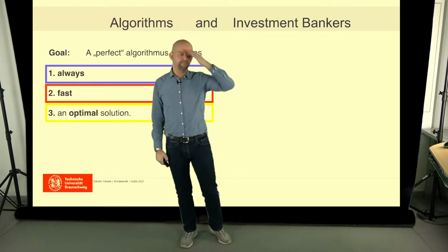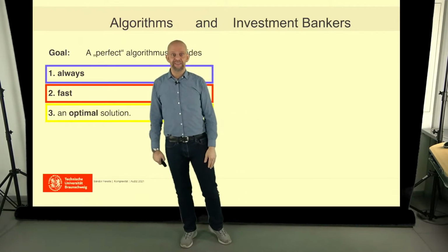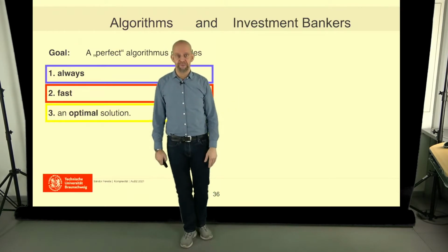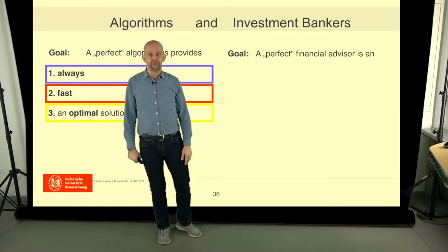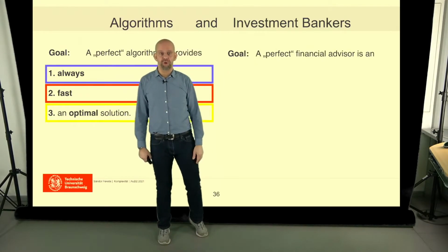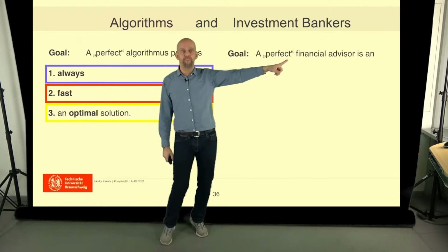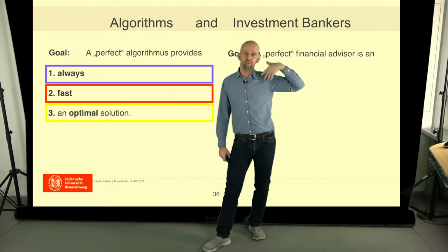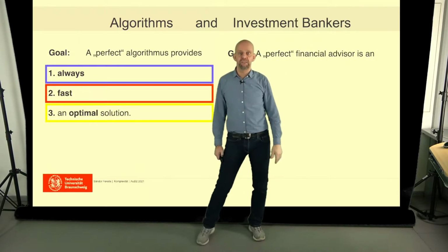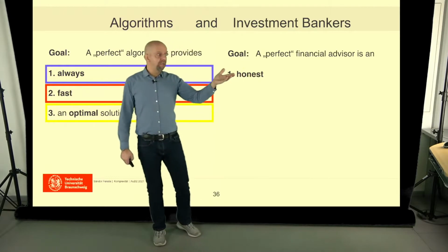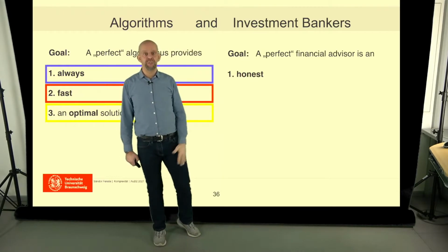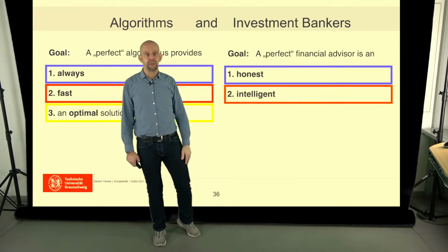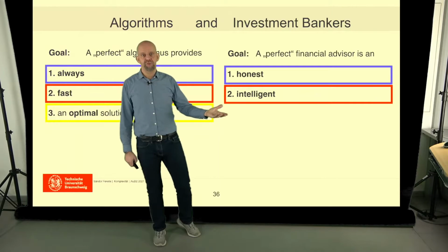Now, investment bankers are wild and not respected, they make a lot of money, but they also do a lot of bad things. And here's that old story about investment bankers. A perfect financial advisor should be somebody who, when you ask him for financial advice, gives you honest advice. And of course, that should be smart advice. So that should be somebody who is intelligent. And also somebody who's competent.